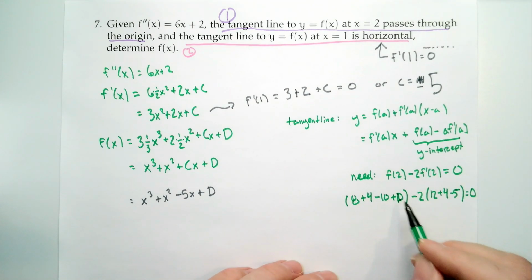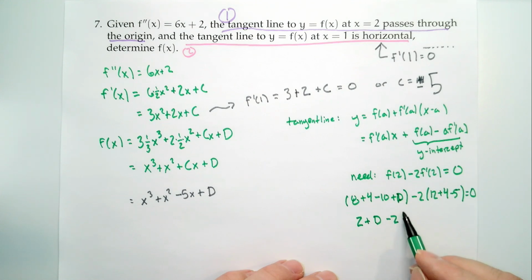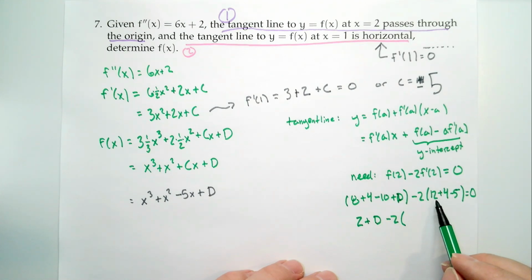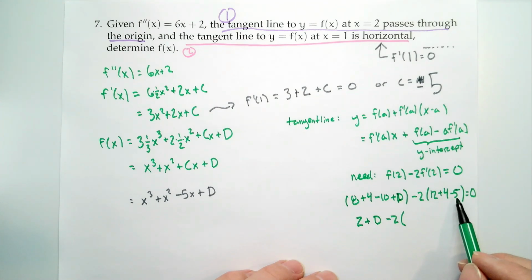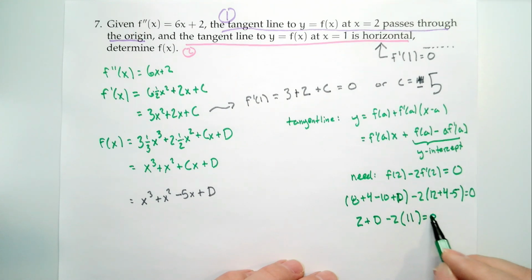Alright, I'm noticing that my d is looking an awful lot like my 0, so I've got to be careful when I read this. 8 plus 4 minus 10, that's 2. So 2 plus d, then minus 2 times, I'll have 12 plus 4 is 16, minus 5 is 11, equals 0.